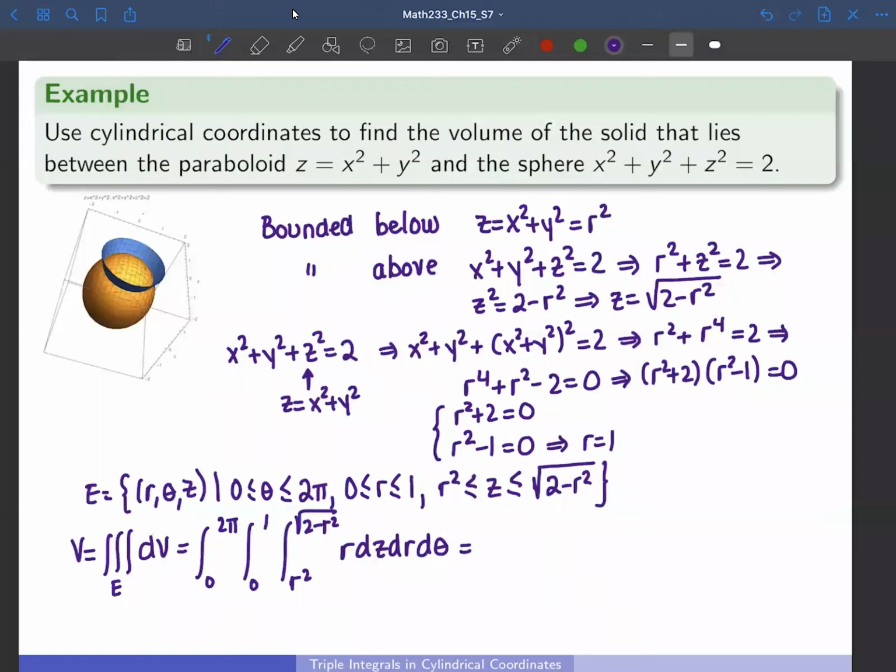So that is equal to the integral from 0 up to 2 pi and the integral from 0 up to 1. We now need to evaluate the inner integral, which gives us the integral of r dz is equal to r times z. Z needs to be evaluated between z equals r squared and z equals square root of 2 minus r squared, times dr d theta.